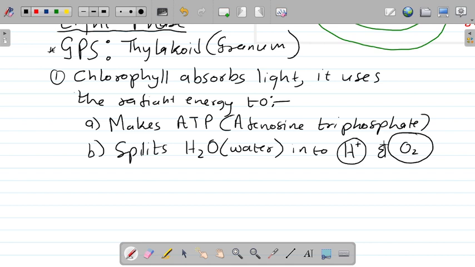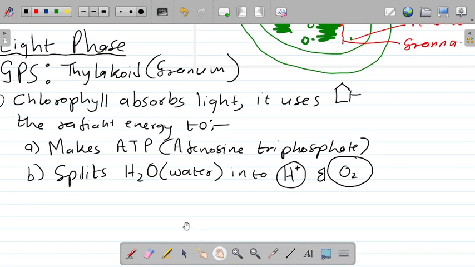Yes, ATP, adenosine triphosphate. ATP is basically, if I remember well, a nitrogenous base bonded to three phosphates.